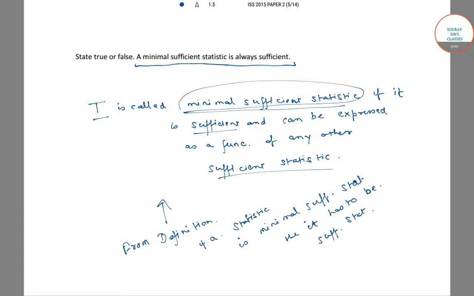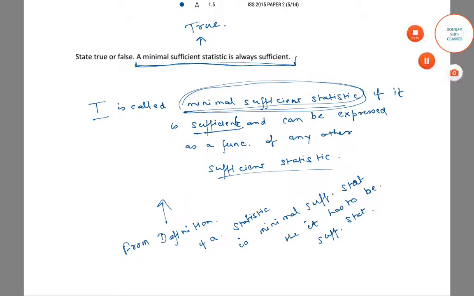That is, a minimal sufficient statistic is always sufficient. So our given statement, that a minimal sufficient statistic is always sufficient, is true. As we can say by this very definition, for being a minimal sufficient statistic, a statistic has to be sufficient. So a minimal sufficient statistic is always sufficient.